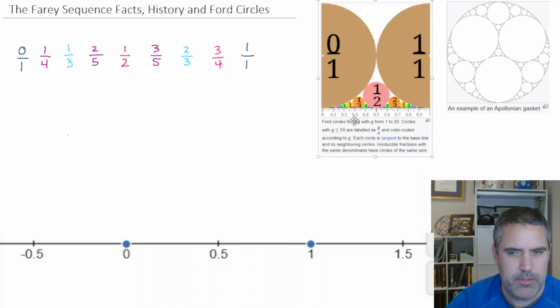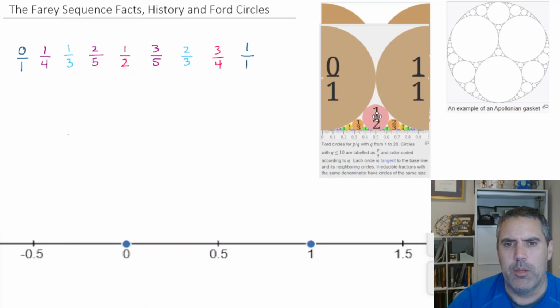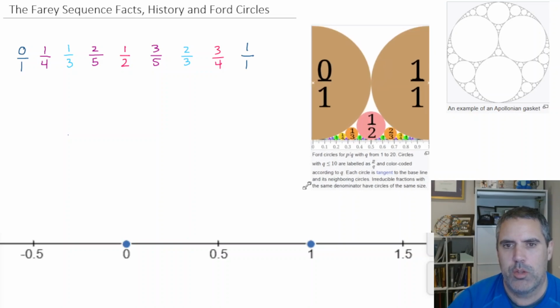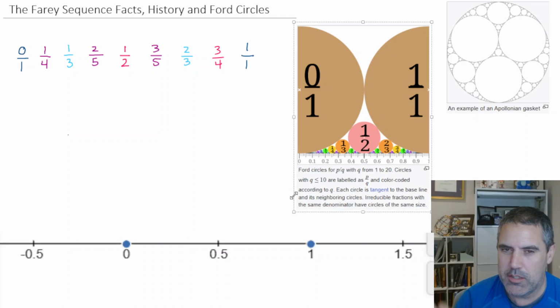Farey wrote about this. I'm going to show you the history in a second. In 1816, so this idea of approximate fractions is pretty old, and some of those concepts were from before that too. But there was this observation that if you plot your circles so that their centers are above these points, and you do it in a certain way, you can get a bunch of tangent circles.